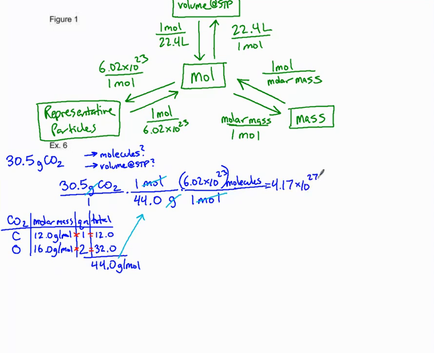And we find that we have 4.17 times 10 to the 23rd. And our units are molecules. And we're talking about carbon dioxide. So in this mass of carbon dioxide, there should be this many molecules.